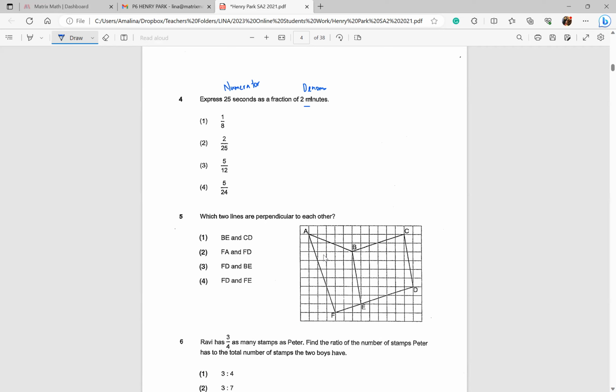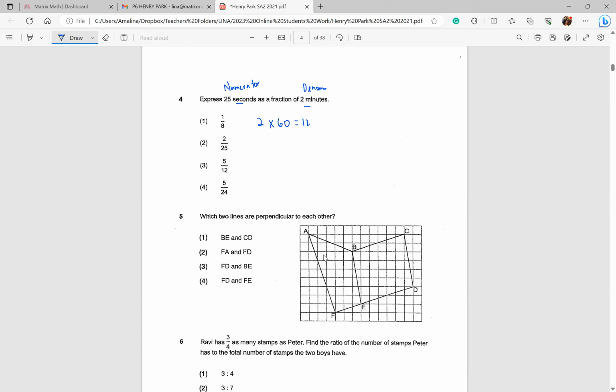And then next thing, once I know my numerator and my denominator, you must make sure that they are in the same units. So 25 is in terms of seconds. Your 2 is minutes. So how do I change these minutes to seconds? So 1 minute is 60 seconds. 2 minutes will be 2 times 60.